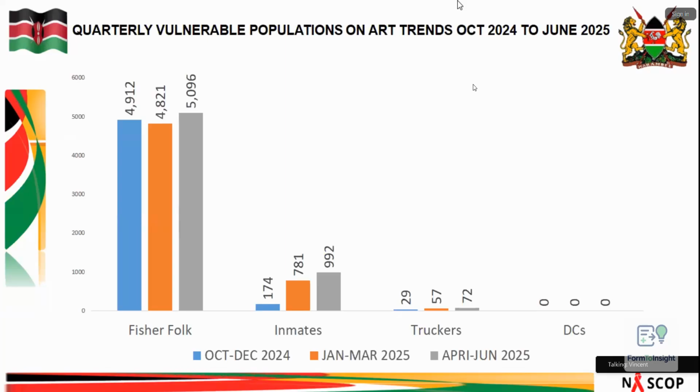We started with 4,912, a drop, then 4,821, then again an increase to 5,096. These are fisher folk currently on ART. For inmates, again, it has been a rise. We started with 174, then 781, then 992 inmates are on ART. Again, trackers an improvement from 29 to 72 as at June 2025.